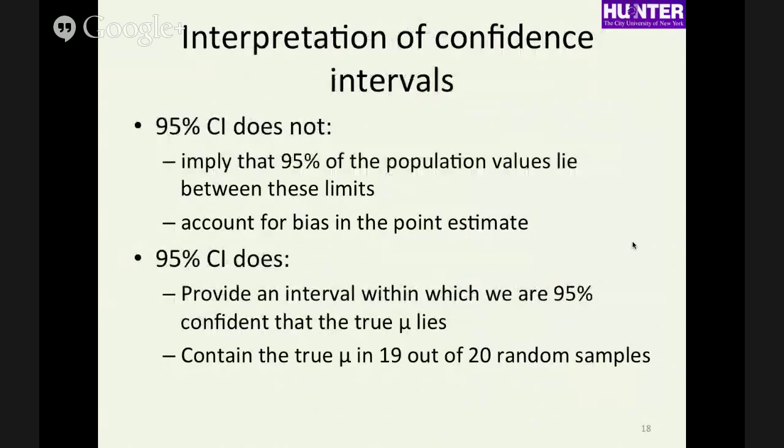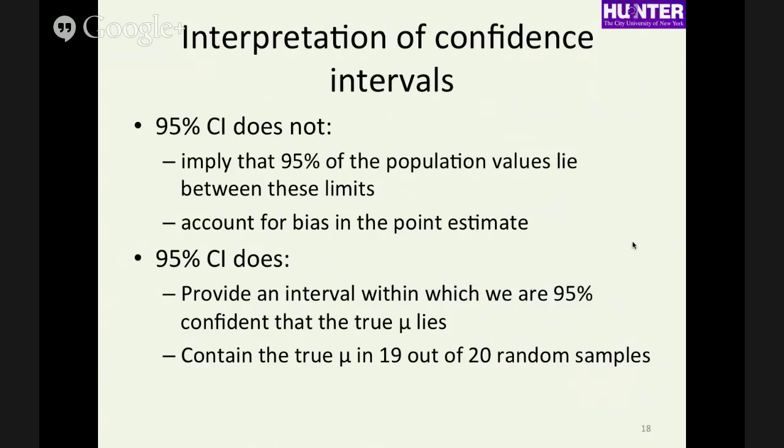So, some do's and don'ts of the confidence interval. Look carefully at this first one. It does not imply that 95% of the population values lie between these limits. So if we're talking about the mean height of Hunter College students and we give a 95% confidence interval, it does not imply that 95% of the students have a height in that range.